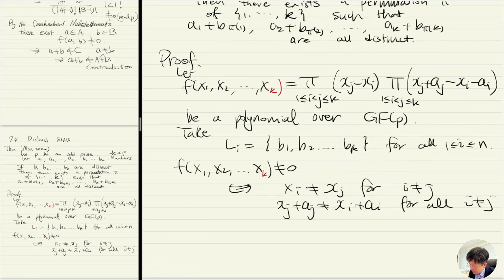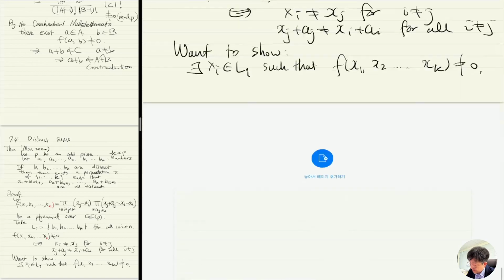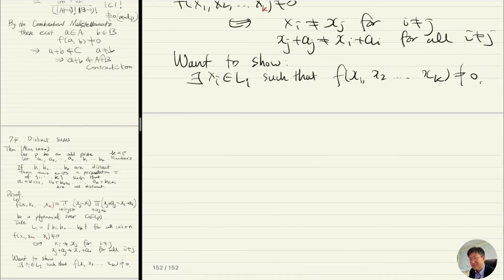So we want to show that there exists xi in Li such that f of x1, ..., xk is non-zero. And this is precisely the setting for the combinatorial Nullstellensatz. So what do we need?